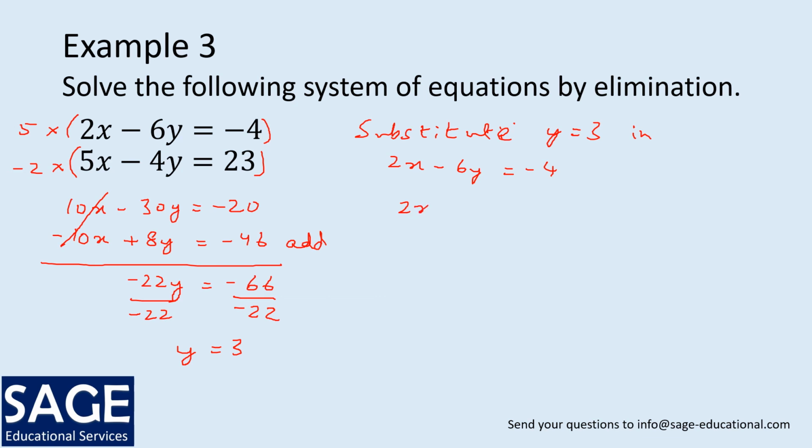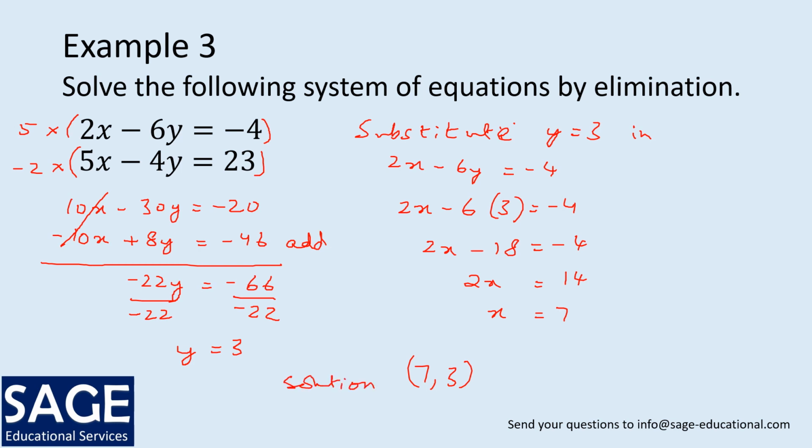So 2x minus 6 times 3 is equal to negative 4, or 2x minus 18 is equal to negative 4. So that will then give me 2x is equal to 14, and that would give me x is equal to 7. So 7, 3 is the solution to this set of equations.